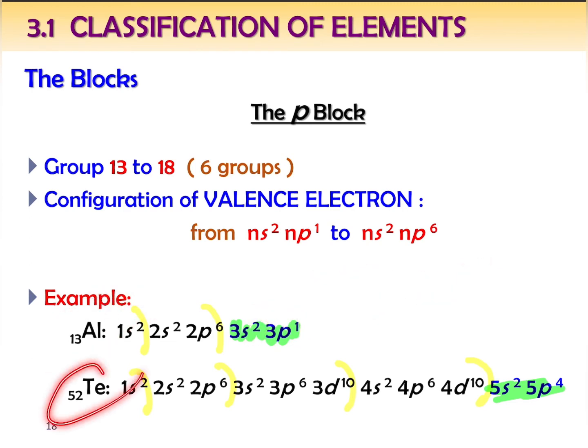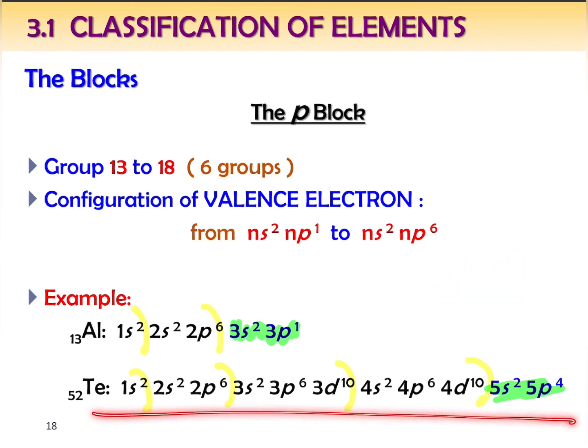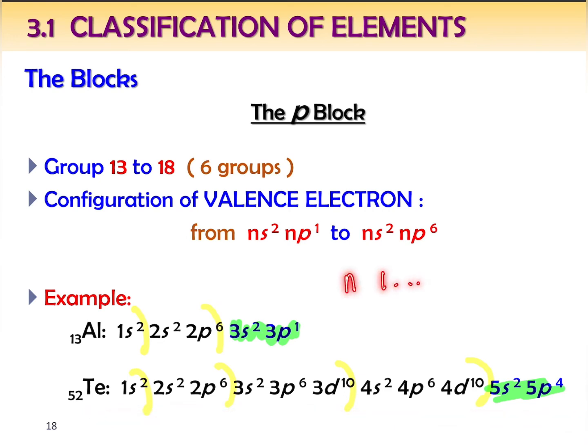So tellurium, so untuk tellurium ni bilangan elektron dia lebih besar, so kita isi saja elektron ikut Aufbau principle. So bila dah isi ikut Aufbau principle, so kita rearrange semula according to increasing number of n equals to 1, 2, 3, 4 and so on lah, macam ni, 1s2, 2s2, 2p6, 3s2, 3p6, 3d10.